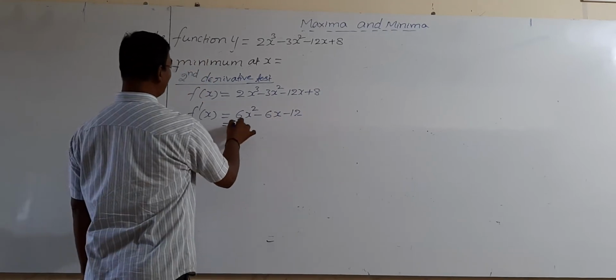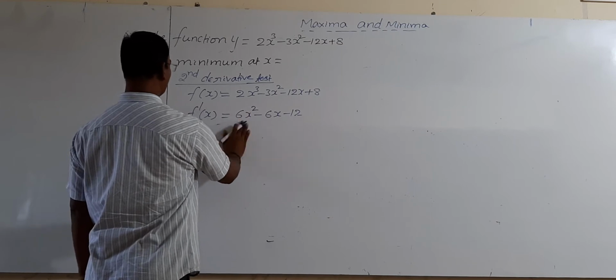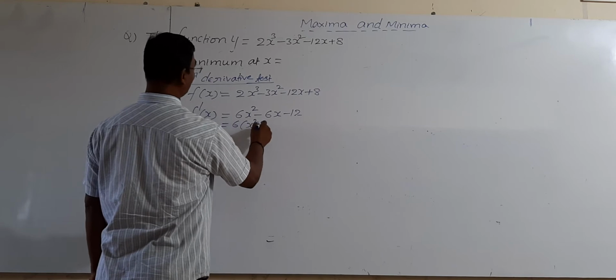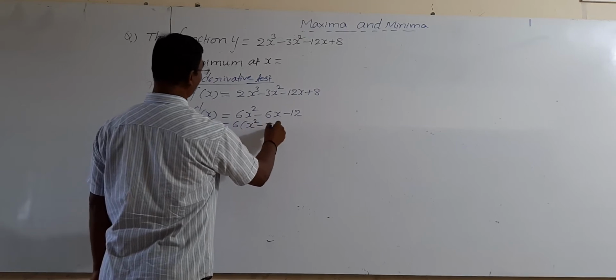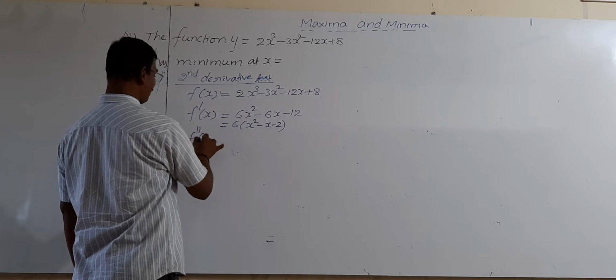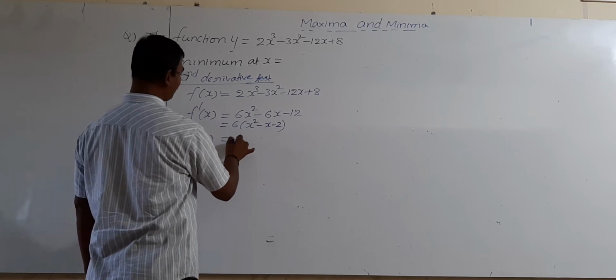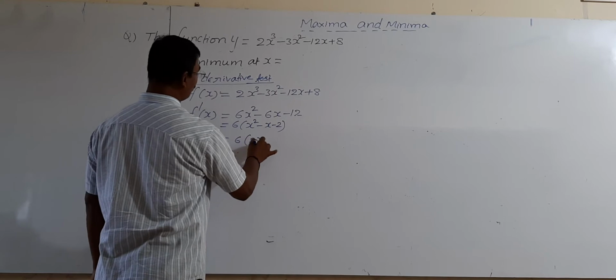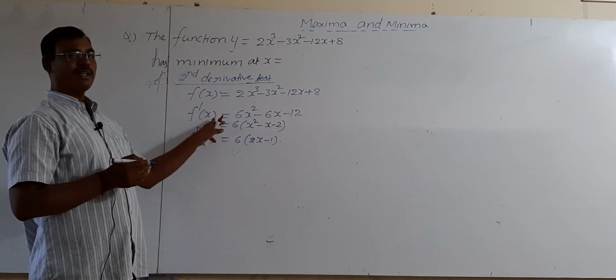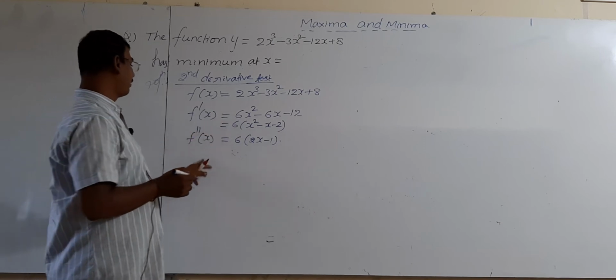Taking 6 common, x square minus x minus 2. Now second derivative is 6 into (2x minus 1). We got first derivative and second derivative.